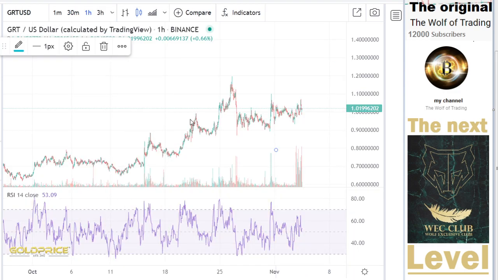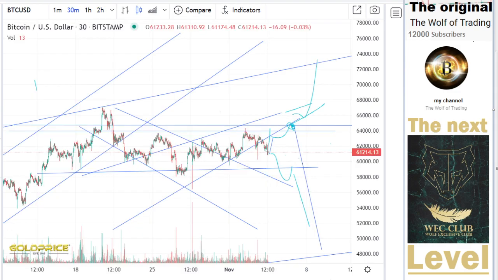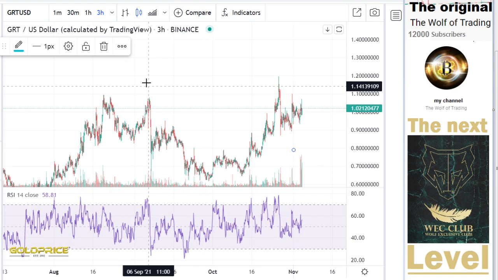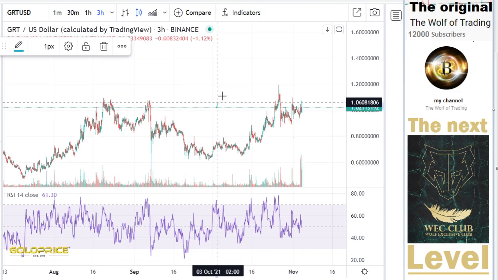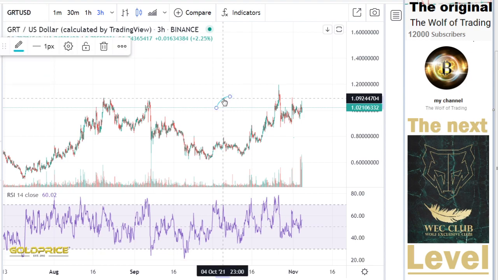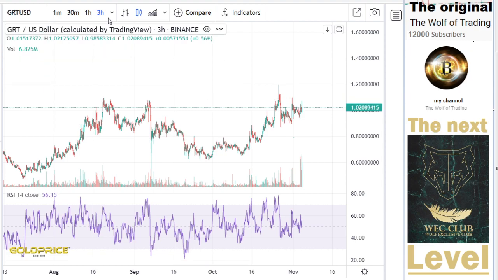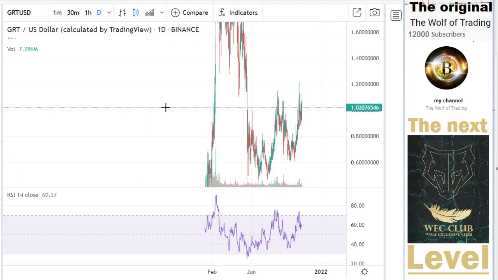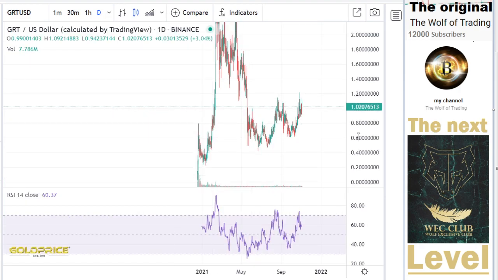And now we look at GRT. It's loading a little bit. So then we have this chart. I would say it is interesting for you that I mentioned the cryptos Chromia, Chiliz and Mana.